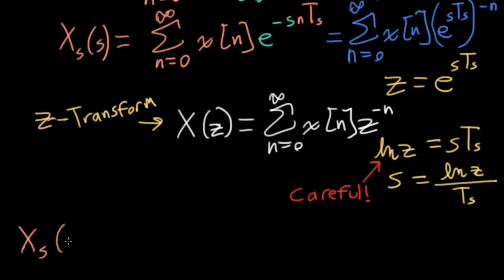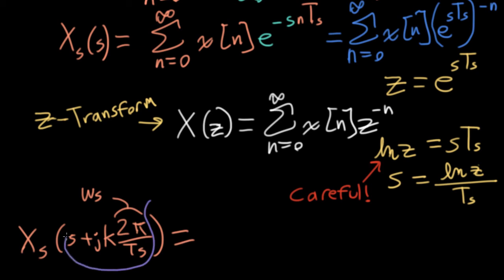Let's ask, what happens if I take my s and then add j times some integer k times 2 pi over capital Ts? This 2 pi over capital Ts, we could also call that omega s, which would be the sampling frequency in terms of radians per second.